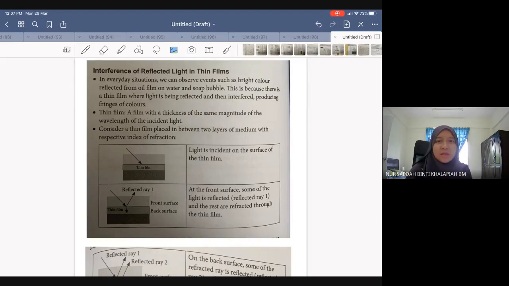Okay, so this is because there is a thin film where light is being reflected and then interfere, producing fringes of color. So thin film is a film with a thickness of the same magnitude of wavelength of the incident light. Kan kita punya soap bubble tu, dia film of the soap bubble tu sangat nipis. So we call it as a thin film, di mana thickness of that film is the same as the value ataupun magnitude of the wavelength of light.